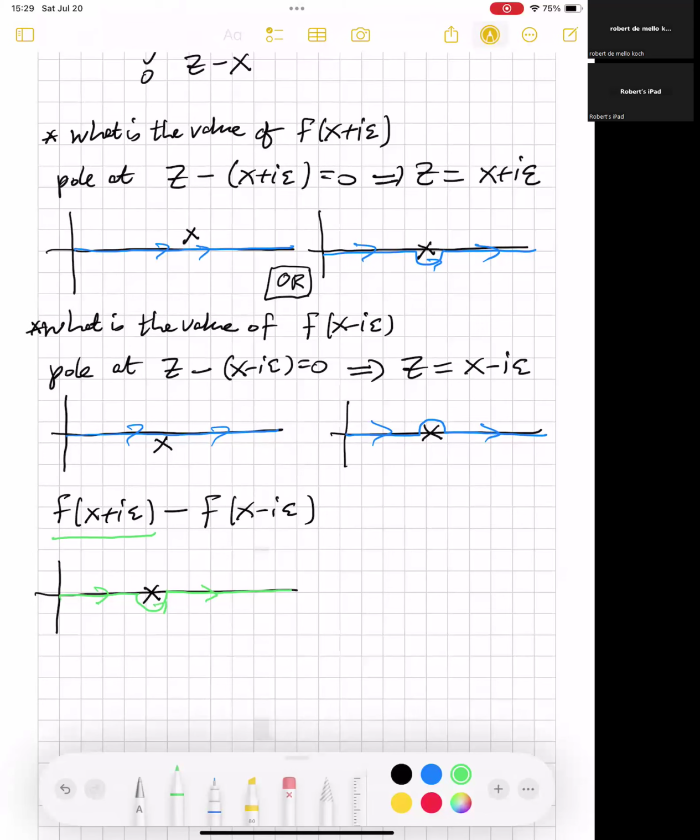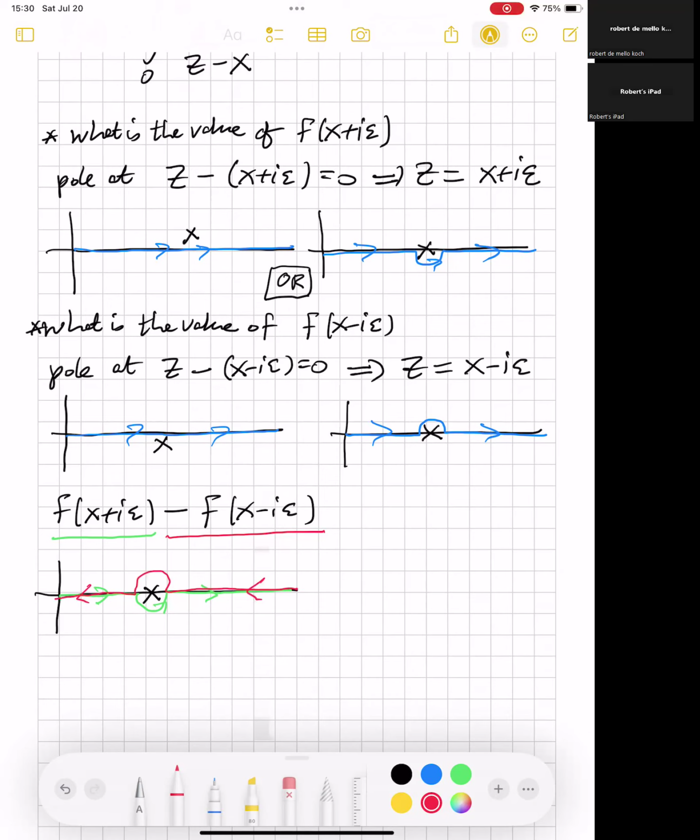And then I want to say minus the f of x minus i epsilon. And I want to take this minus sign together with the f of x minus i epsilon. Now we should have the second path that I've shown, but because it's negative, I should reverse the orientation of the path. So to get minus f of x minus i epsilon, I could integrate along this red path here, and add those two, okay?